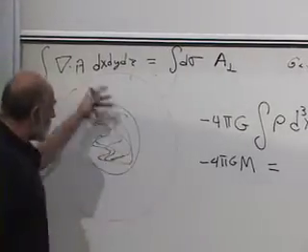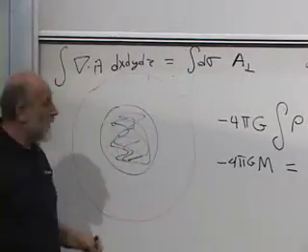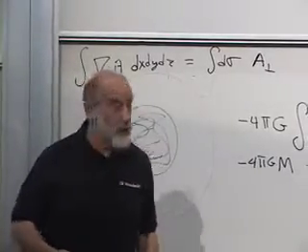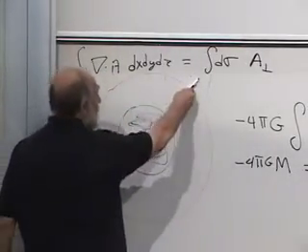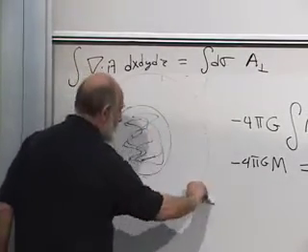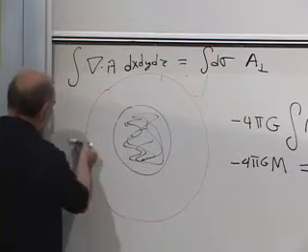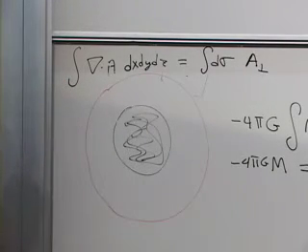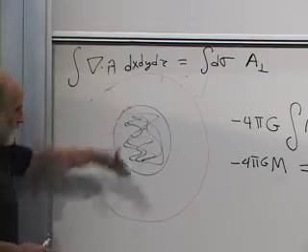Now, if the mass distribution is isotropic, the gravitational field will also be isotropic. In other words, the perpendicular component of the field will be the same everywhere. It'll be pointing out with the same component everywhere on this sphere.